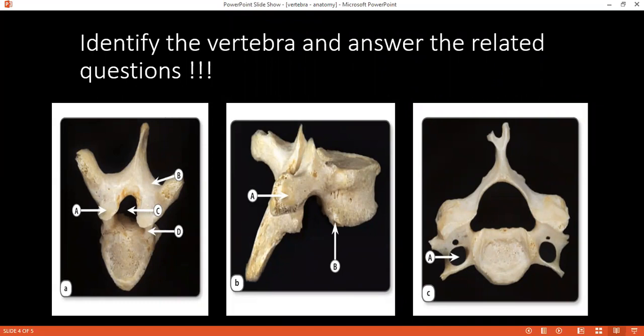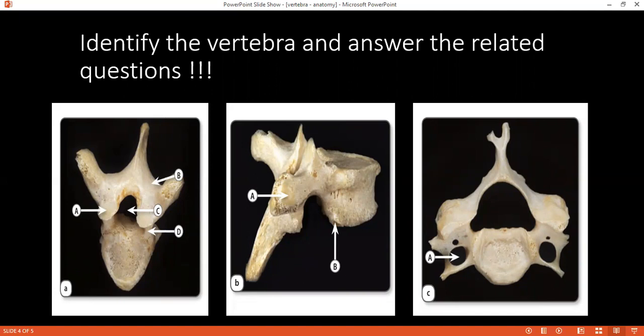For C1, can it be felt? No, it cannot be felt. The answer is no.